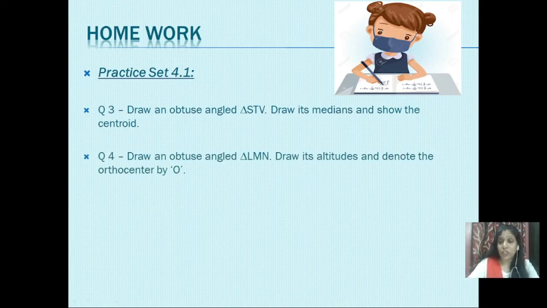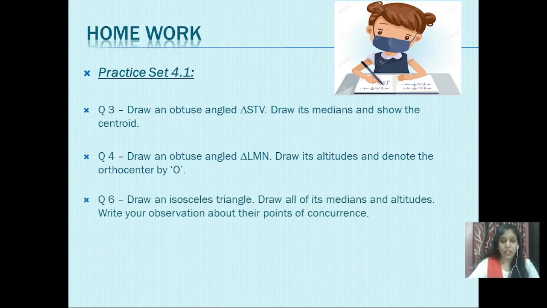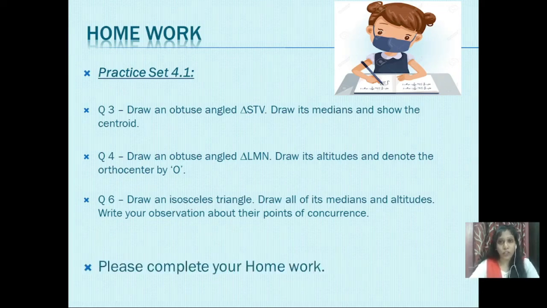Draw its altitudes and denote the orthocenter by O. Third is draw an isosceles triangle. Draw all of its medians and altitudes. Write your observations about their points of concurrence. I have not taken this, but I know you all know what an isosceles triangle is. Okay? And make sure you complete your homework.